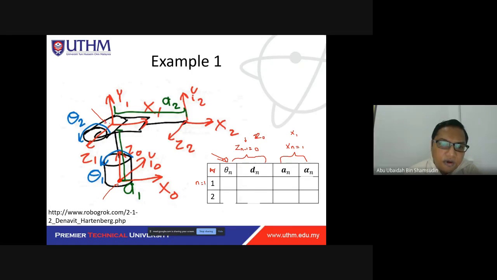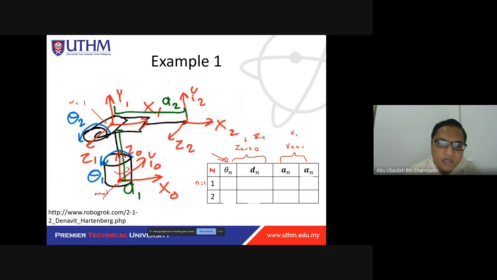So here is the frame for 0, and here is the frame for 1. This is your n currently, and this is your n minus 1. Now for theta, you need to rotate about the z0 axis, because n minus 1 is z0.